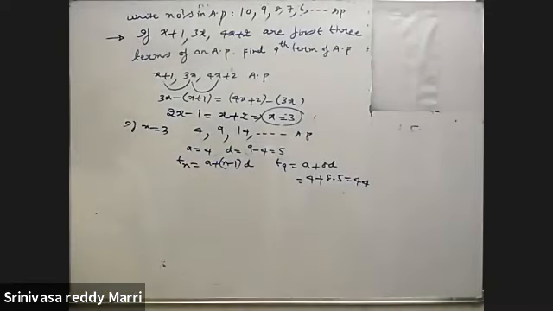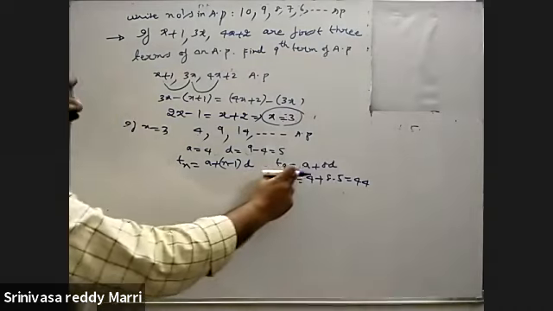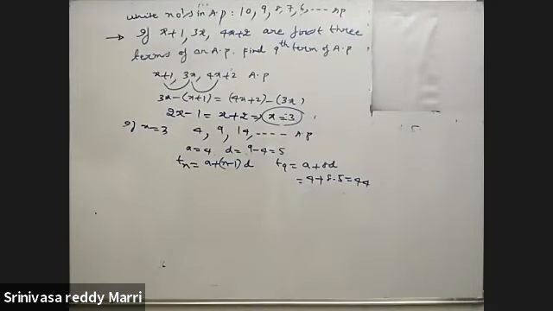A plus (n minus 1) into D. The ninth term is A plus 8 into D. Like that your approach must be. Common differences will be the same in an AP.